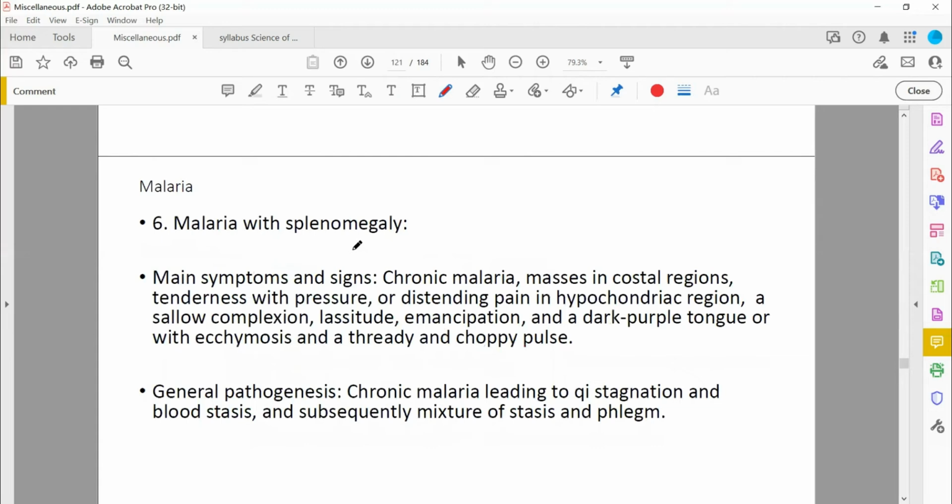Malaria with splenomegaly, spleen, right? Splenomegaly means there's an enlarged spleen. So this one still belongs to chronic malaria.